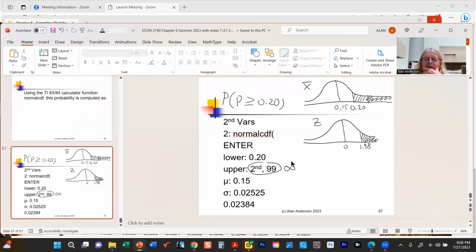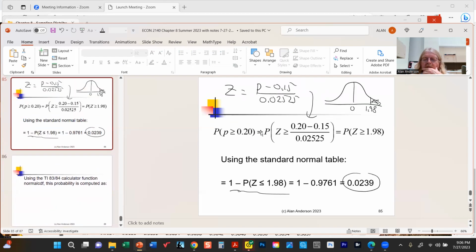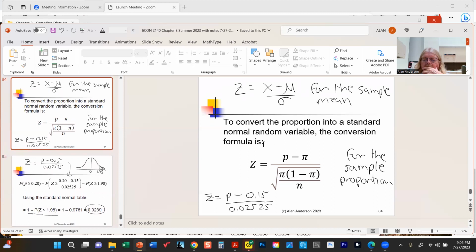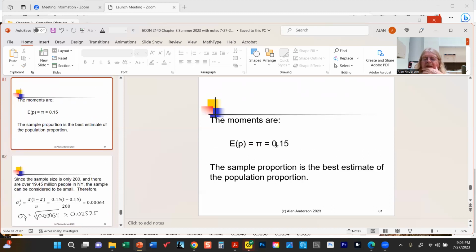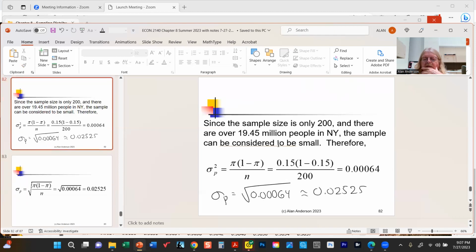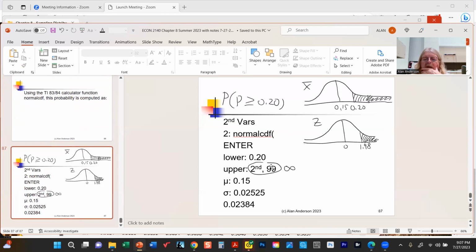And of course, in the calculator, we calculated the mean. We just did that, remember? The mean was 15%, 0.15. The standard deviation or standard error is 0.02525. Those are the moments we'll use. The probability that we're aiming for is 0.20 up to infinity.